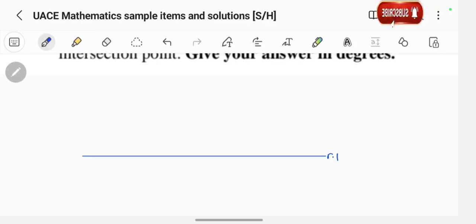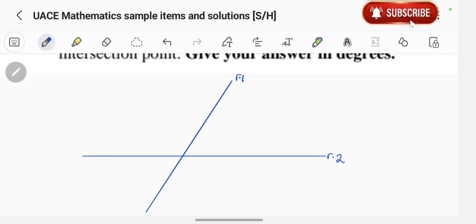So let's say this is road 1, this is road 2, and that's how they're intersecting.